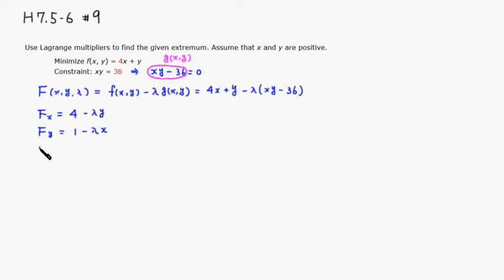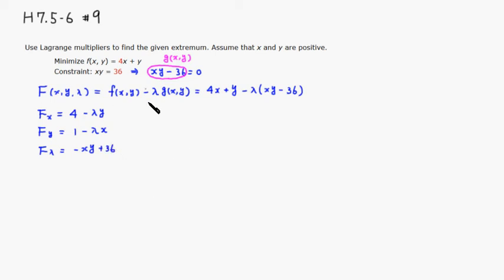Then we take the partial derivative of capital F with respect to lambda. The first part is 0 because there's no lambda in there. The derivative of the rest is negative 1 times that, so it's negative xy plus 36.